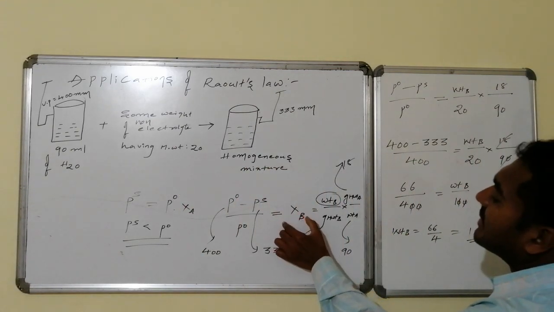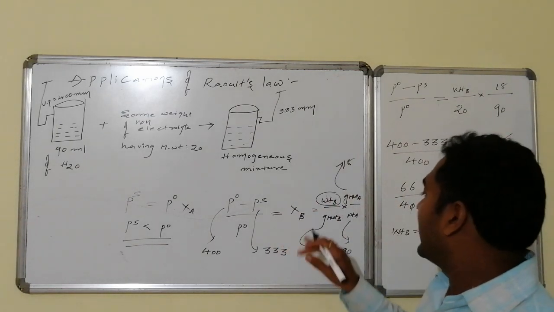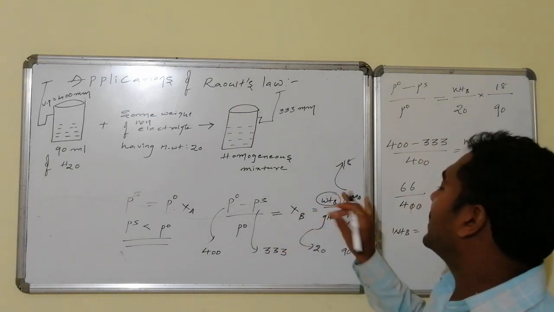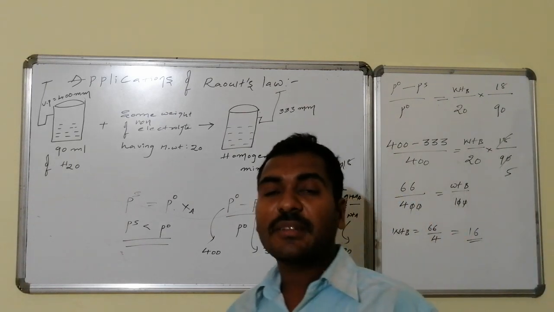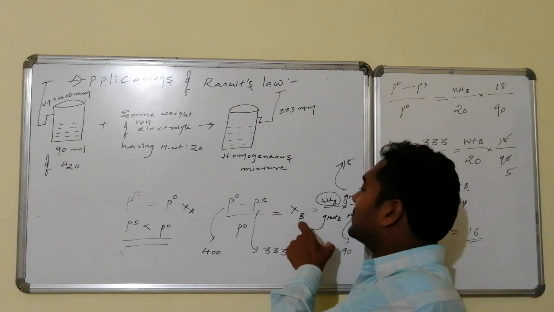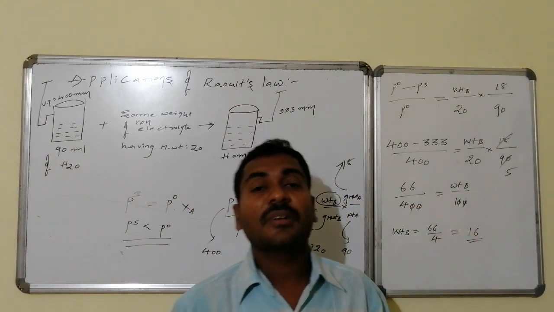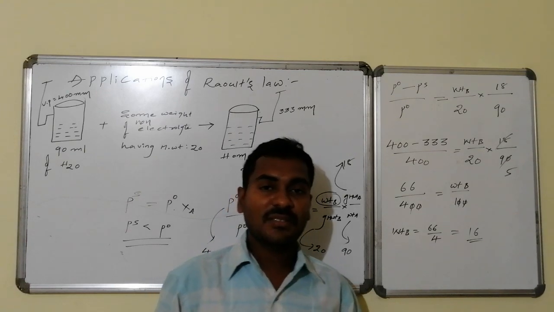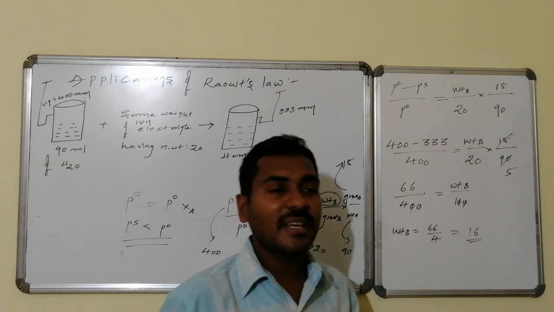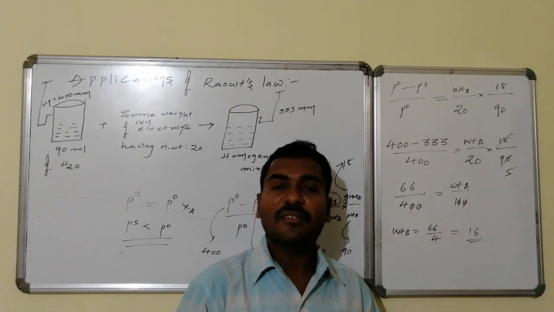See, this is exactly equal to the mole fraction of B, whereas here it was converted into NB divided by NA, but not in the form of NB divided by NA plus NB. This validity is present only if it is a very dilute solution. Suppose the added solute is not very dilute, in that case we will get a lot of difference in the values.